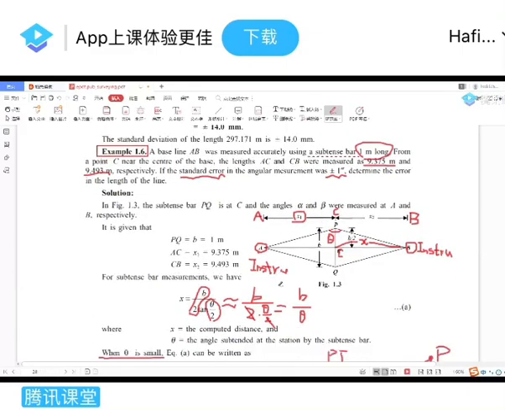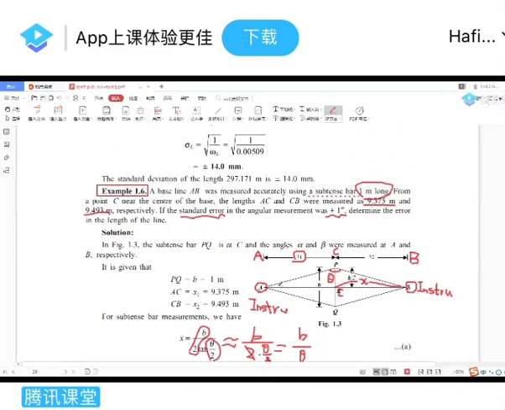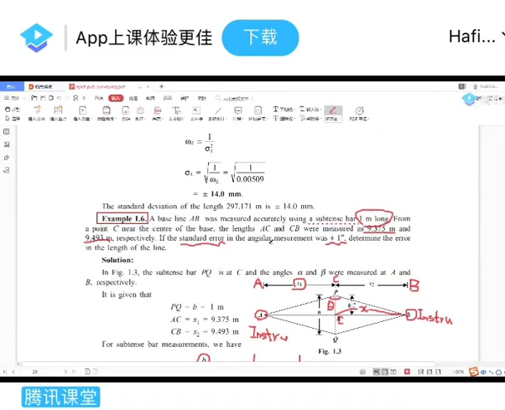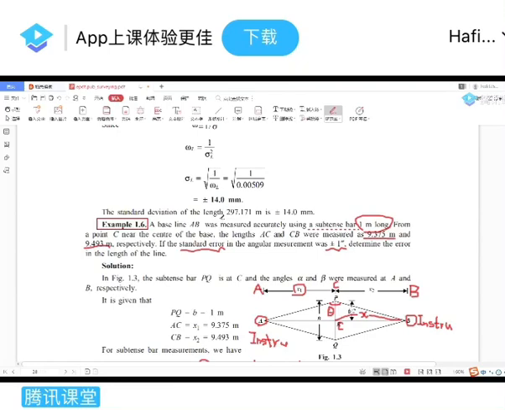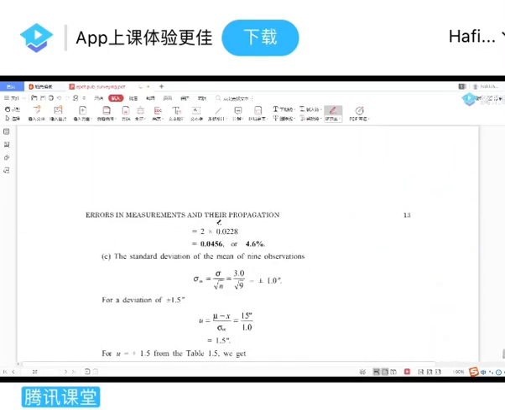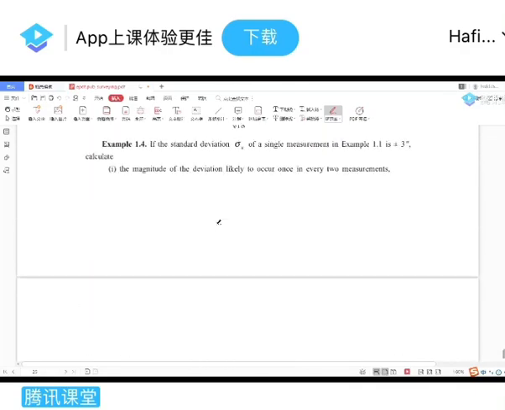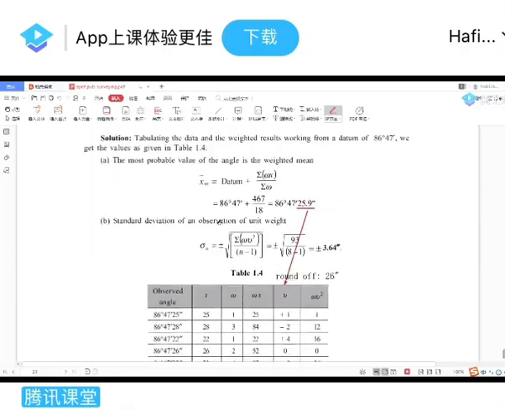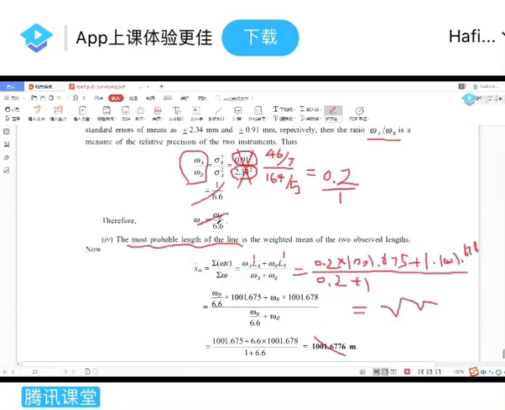So what we are going to do now, two questions for using a real machine. Of course, you don't have a real machine. The first one is to use the EDM machine.